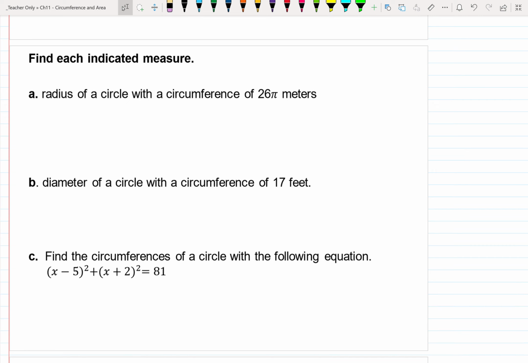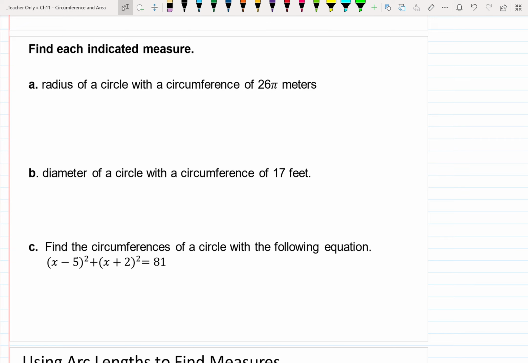On the next slide, we're given 3 questions where we're asked something different about the circle on each of these. We need to use the formulas we know involving circumference to work backwards and find the missing piece. So on A, we want to find the radius of a circle that has a circumference of 26 pi. Since we're using the radius, we'll use the radius circumference formula, which is 2 pi r.